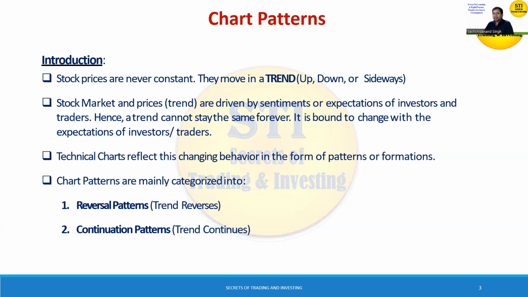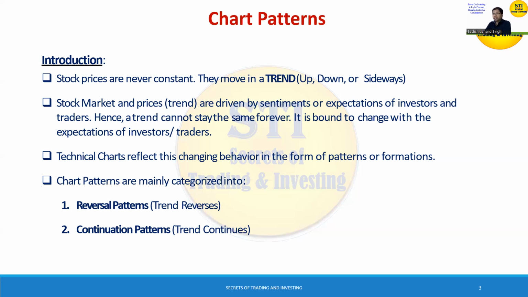There will be some changes. If there is an uptrend, after some time it may become sideways or a downtrend, or if it is sideways, it will change into one of the other two trends. And if it is a downtrend, again it is going to change into another type. So overall, these three, up, down, or sideways, will keep on changing depending on the market psychology.